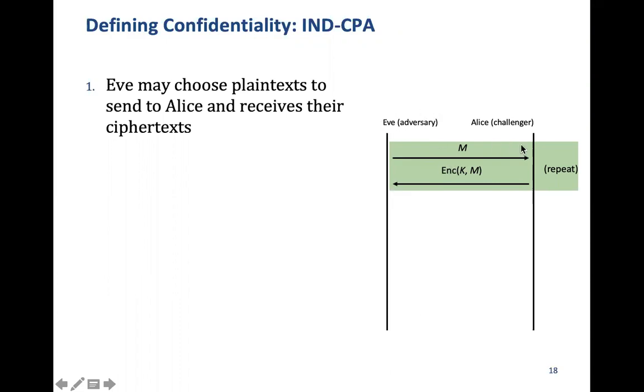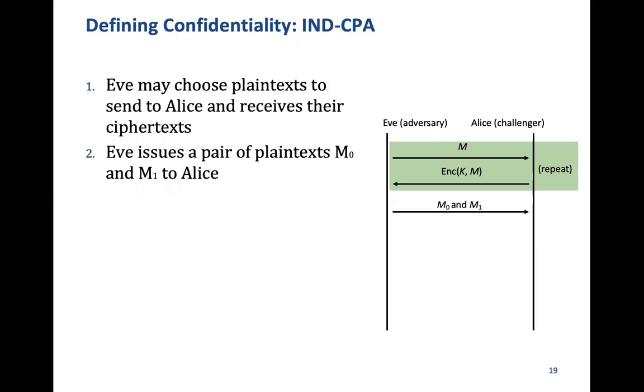Eve can do this any number of times. When we say repeat, it means this step can be done any number of times by Eve. Every time Alice receives a message M, she will encrypt it and send it back. So now Eve can have some knowledge.